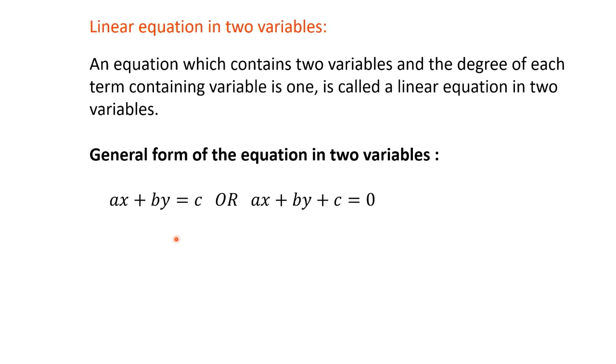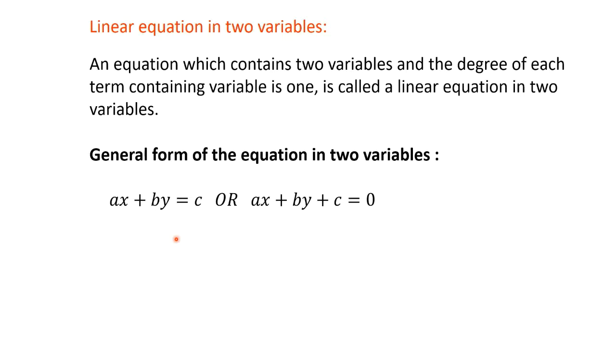Now in this chapter we are going to solve two or more equations simultaneously. Therefore they are called simultaneous equations. At the same time we are thinking of two equations, solving two equations, finding the solution for two equations, so they are called simultaneous.